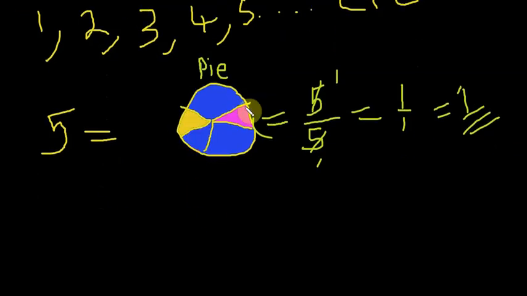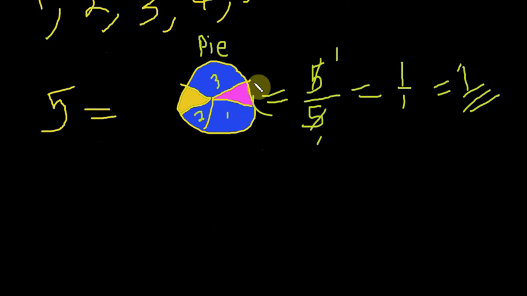Let's say a person asked you how many of that pie is blue. I would go there and literally count them: 1, 2, 3. So 3 of the pie is blue. We broke the pie into 3 blue pieces. If you're told to write a fraction of those 3 blue pieces of the whole pie, that will be 3 blue over the whole thing, which is 5.